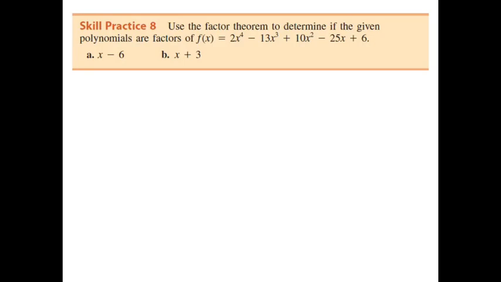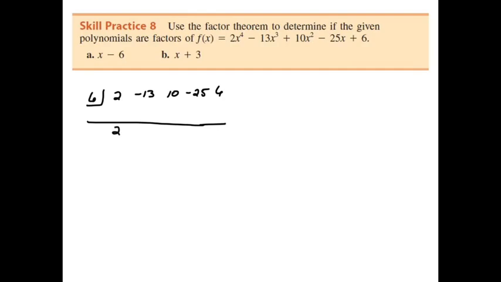So let's do one of these. We'll do A. We're going to divide by positive 6. We list our coefficients as 2, negative 13, 10, negative 25, and 6. There's no missing powers of x.